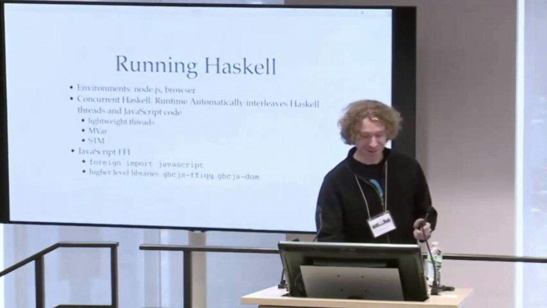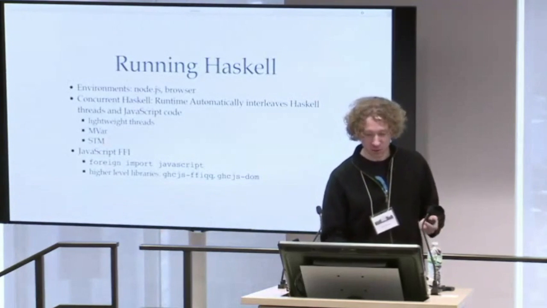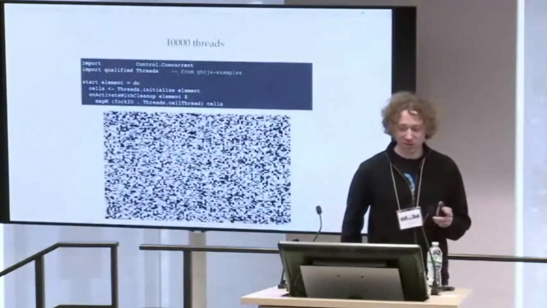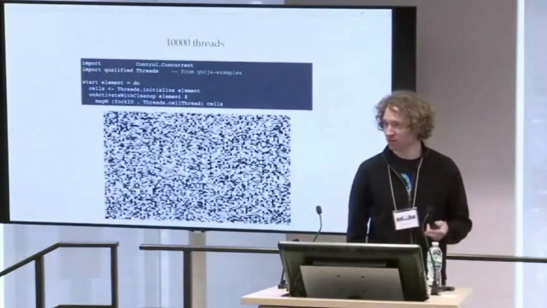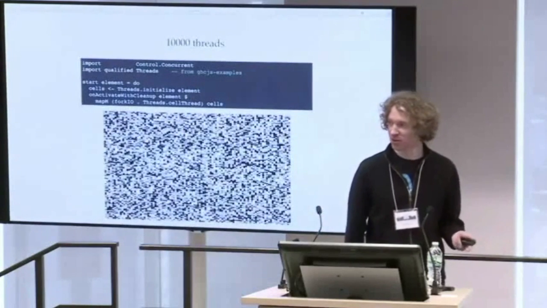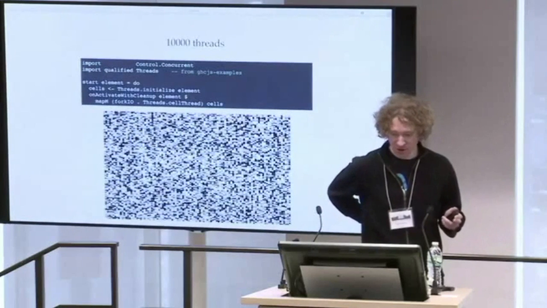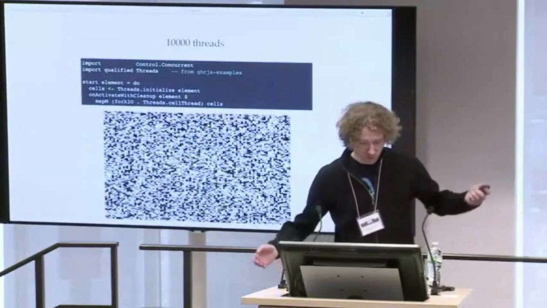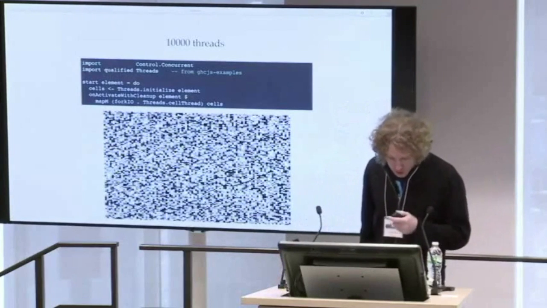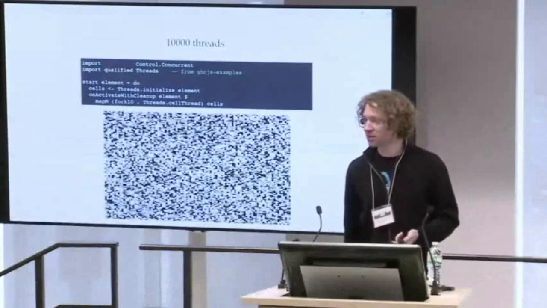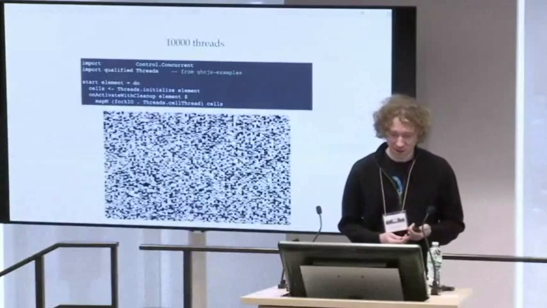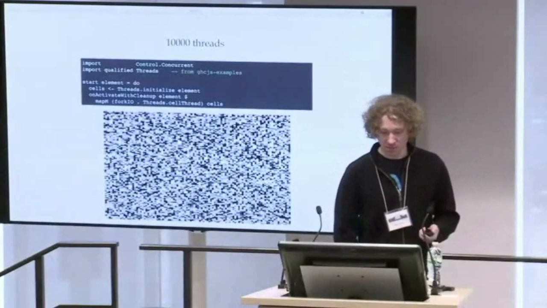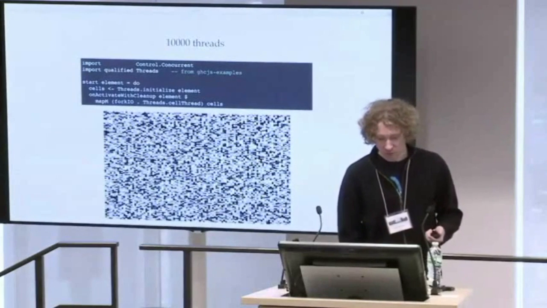Well, I shouldn't have done that. So to prove that it works, what I just did when I switched to this slide was start 10,000 threads. Each thread has a single table cell assigned to it. And it updates the color to some random color, then sleeps for some random time. I don't have the code for that here, but it's somewhere in the code for the slides that I'll upload after the talk.